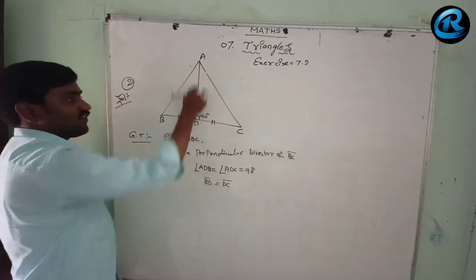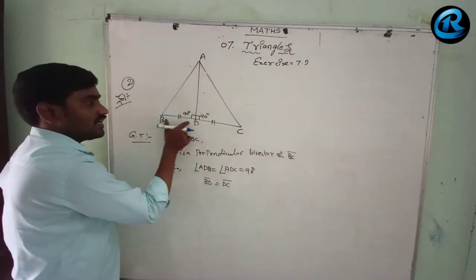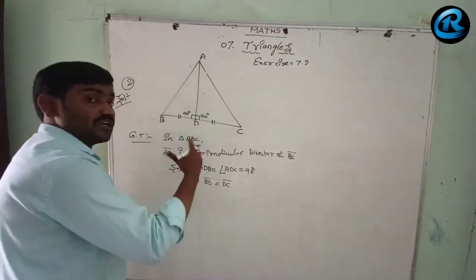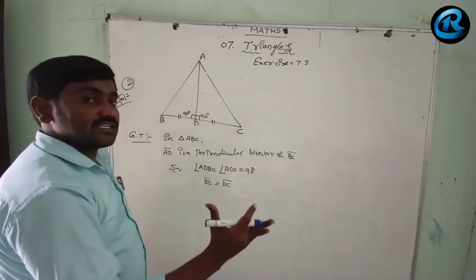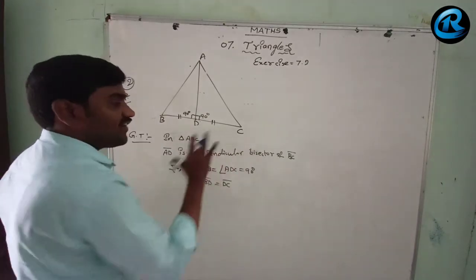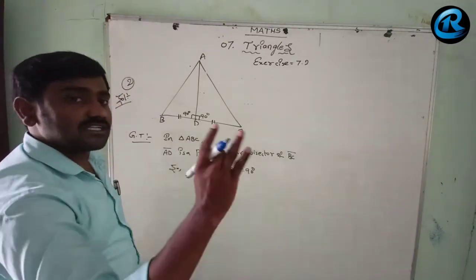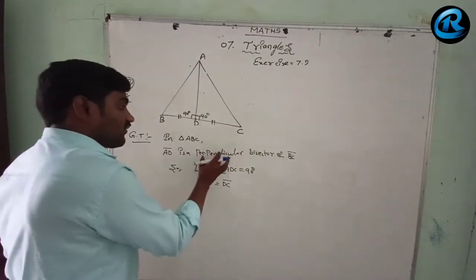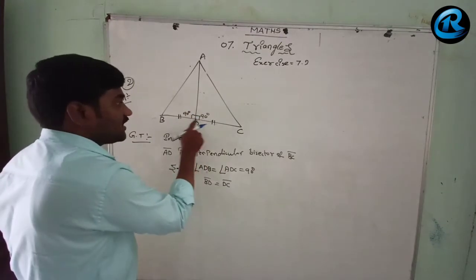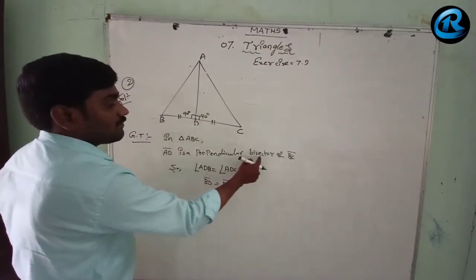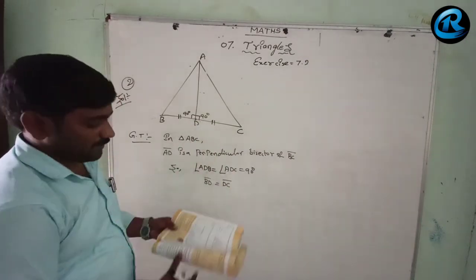It is perpendicular, 90 degrees, and it's divided into two equal parts, BD equal to CD. If it intersects at 90 degrees and divides into two equal parts, we call it a perpendicular bisector. Only a bisector means dividing into two equal parts, not at any particular angle. Here it says perpendicular, so exactly at 90 degrees it is intersecting and exactly bisecting. It is also divided into two equal parts.